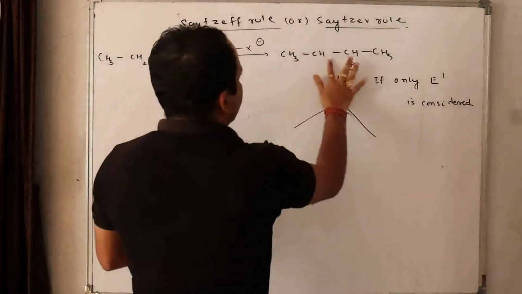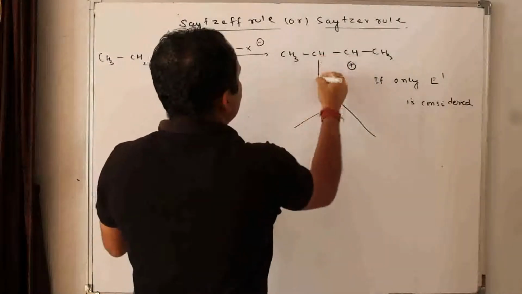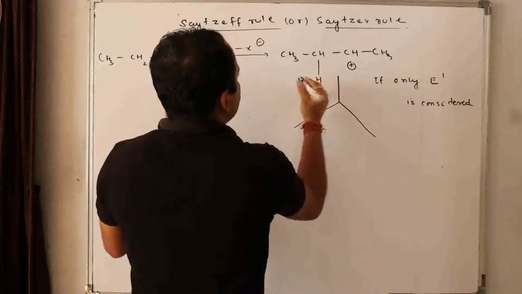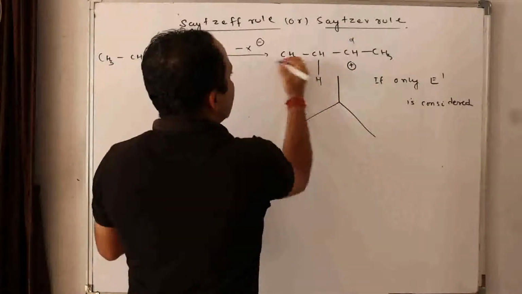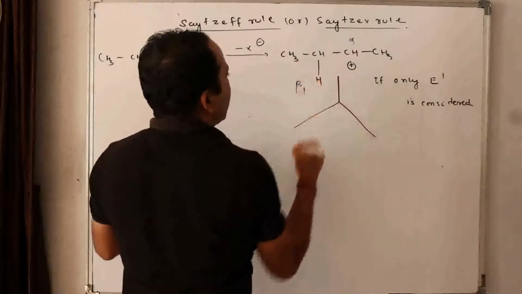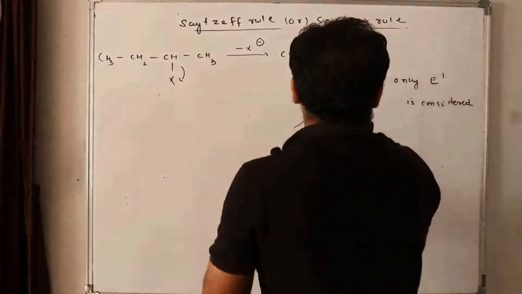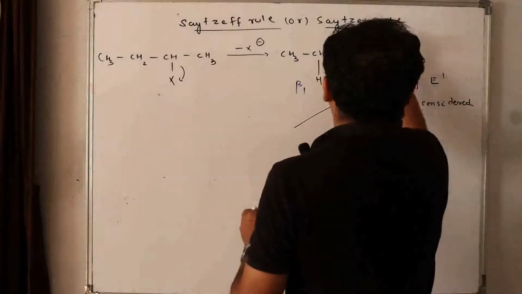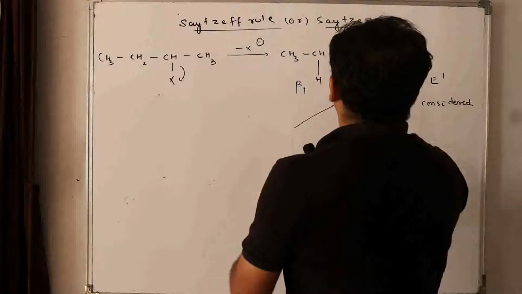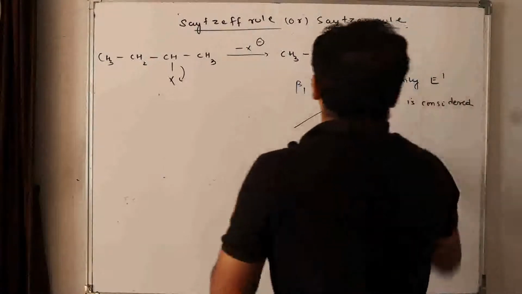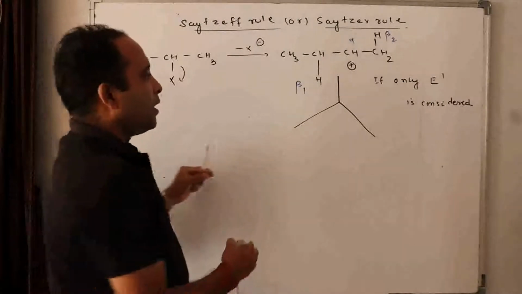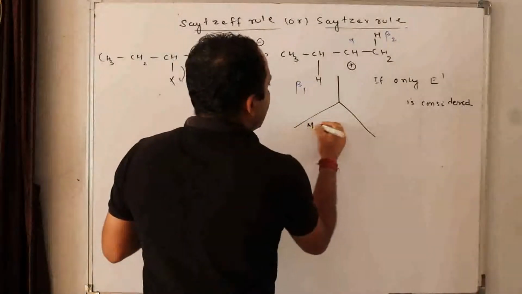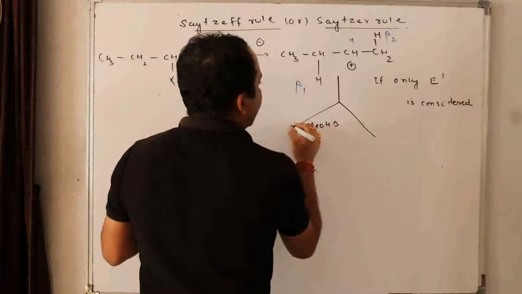Let me help you explain this. This is the alpha portion, right? If this H is beta 1 and this H is beta 2. Clear? Now what will happen if I take MeOH and heat?